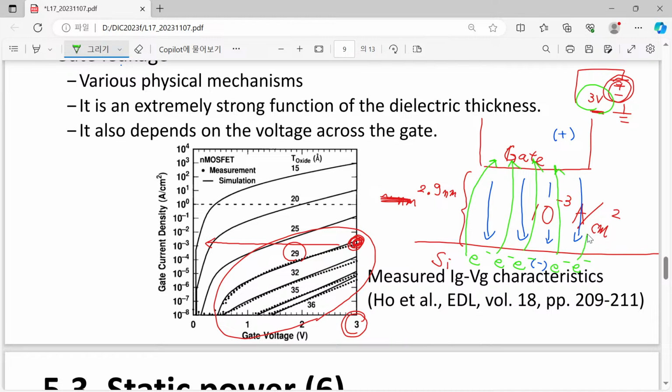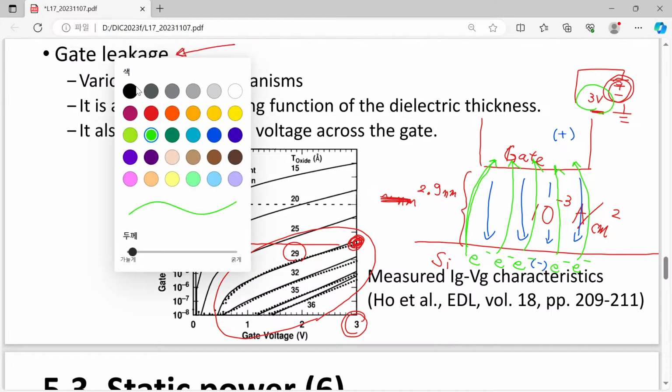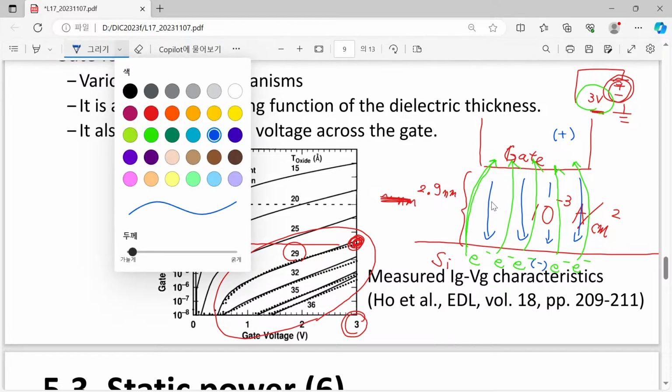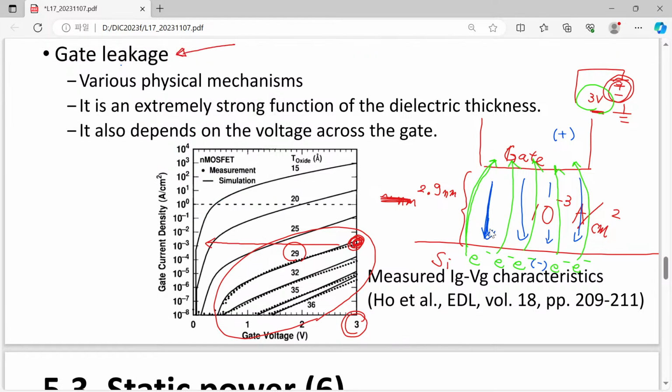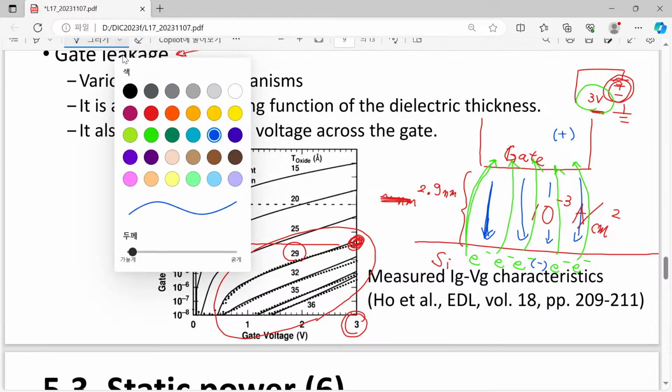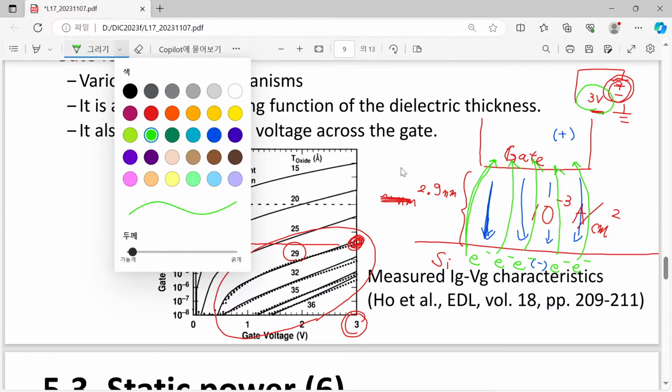So this is shown here, and when electrons are moving this way, in terms of current conduction, since the electron carries negative charges, current flows in this way. And although I have drawn just a direct jump from the silicon channel to the gate, there may be some different options.